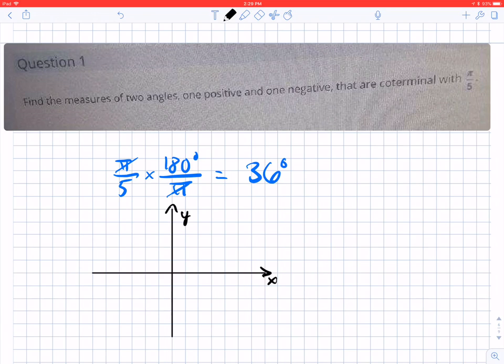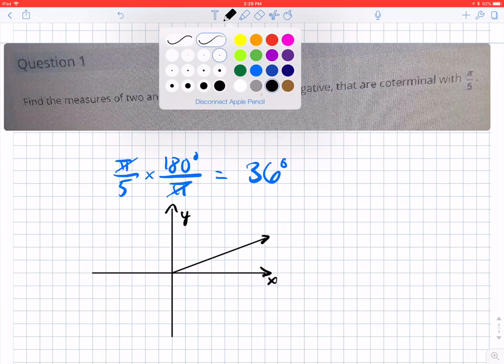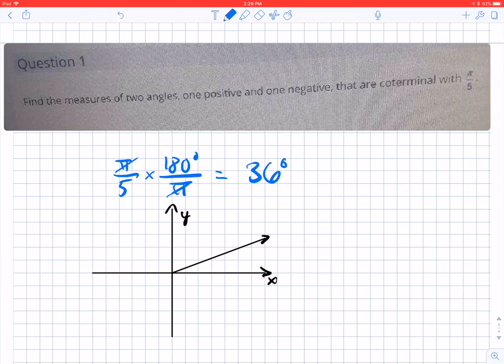Now, if we're at 36 degrees, that's less than 45, so 36 is about here. I'm just doing an approximation. Now we want a positive angle, so the positive needs to be counterclockwise, coterminal. So we need one angle that starts from 0 and goes this way and stops there.